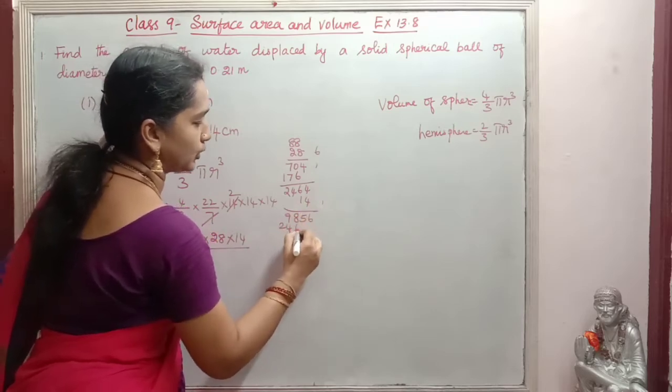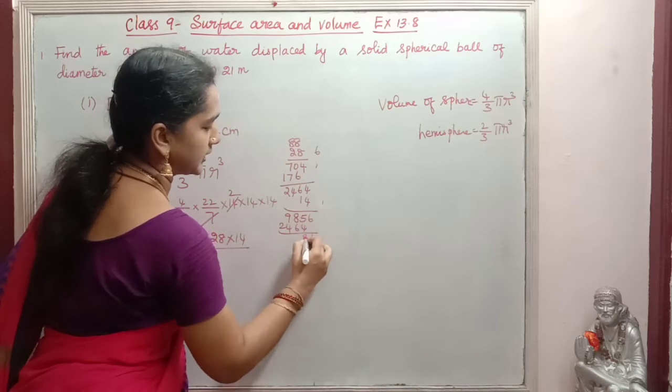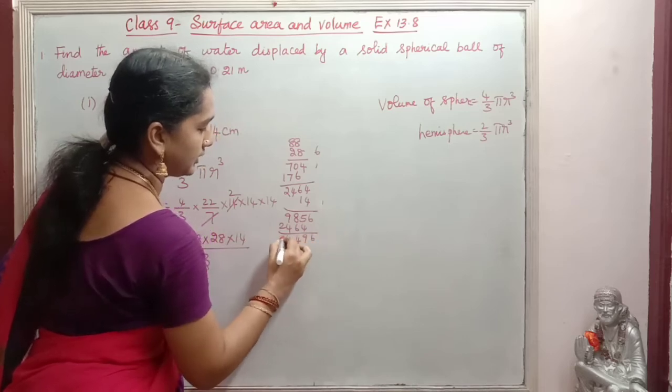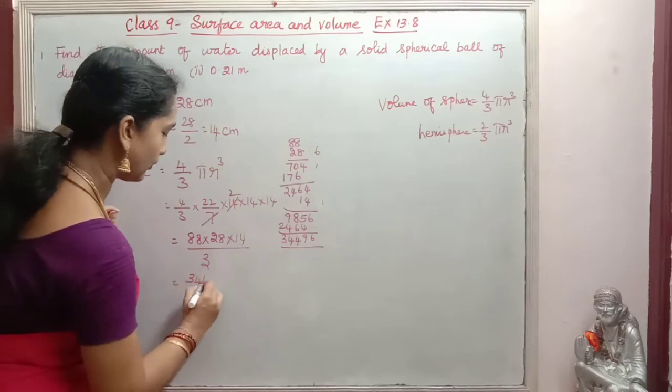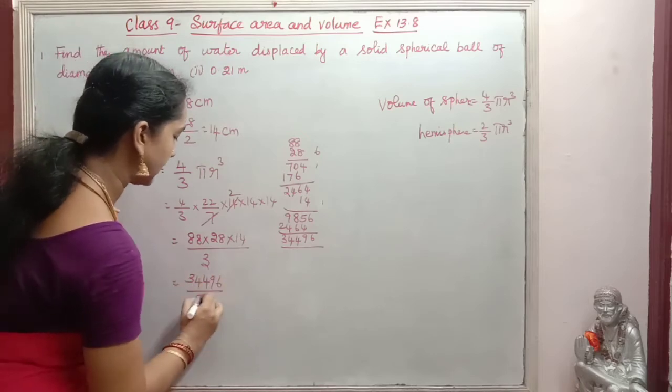Then 2464 into 14, we will add this, and we get 34496. 34496 divided by 3.